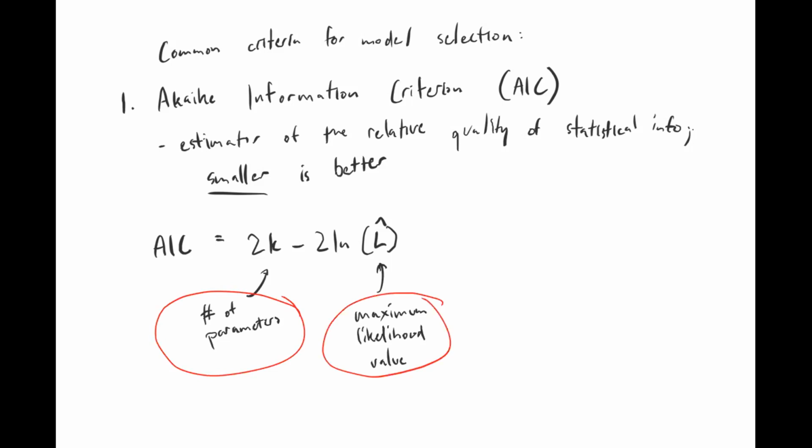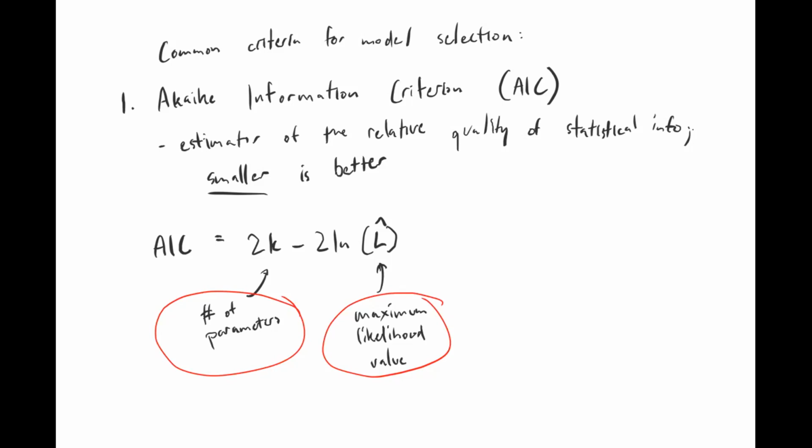So this is sort of qualitatively a way in which we are getting at this bias variance trade-off. I can increase the number of parameters, which will cause the AIC value to go up, and that's actually not what we want. So that is acting essentially like a penalty value.